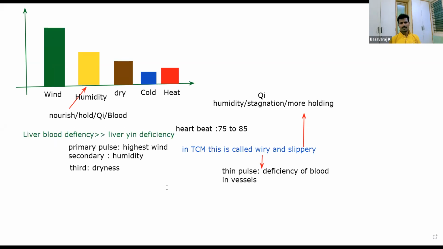Any doubts with the humid wind or wind humid combination? Or else we'll go to the next pattern: how the humidity will behave with the dryness.